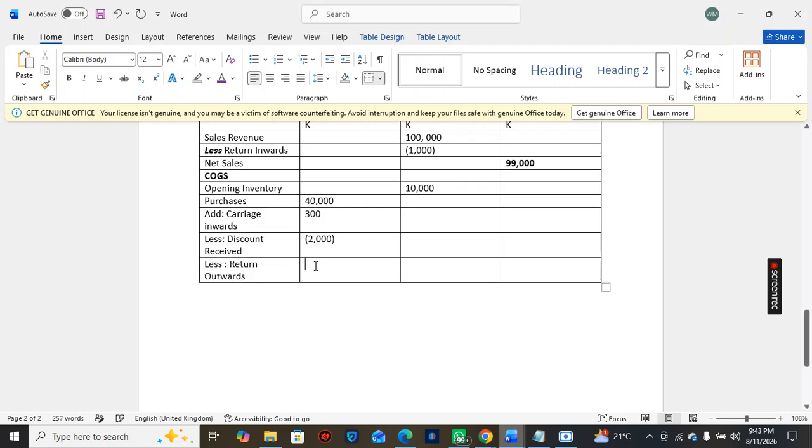So since there was cement which you returned worth 200, it must lower that purchases expense you incurred. So these are the adjustments you usually do with purchases in the first column.